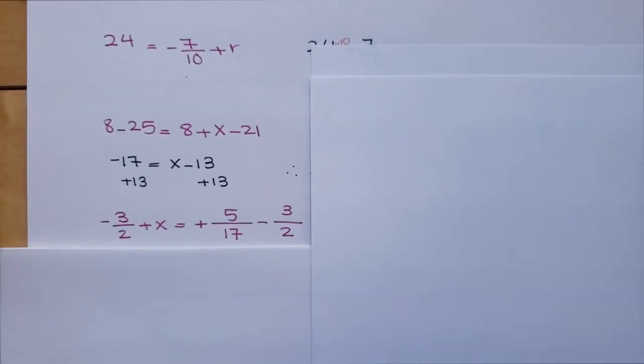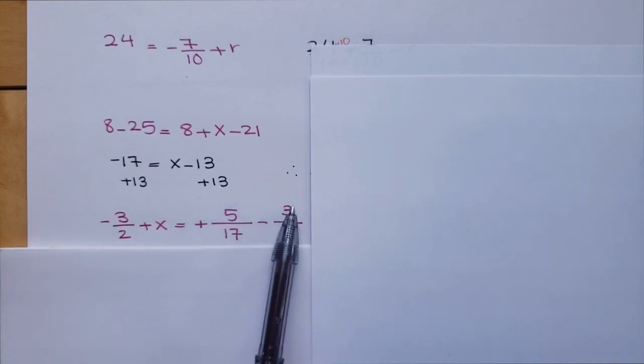Okay, let's do another linear equation with fractions. So here the unknown variable is x, the coefficient is 1, but there are 3 different fractions, and the denominators are 2, 17, and 2.